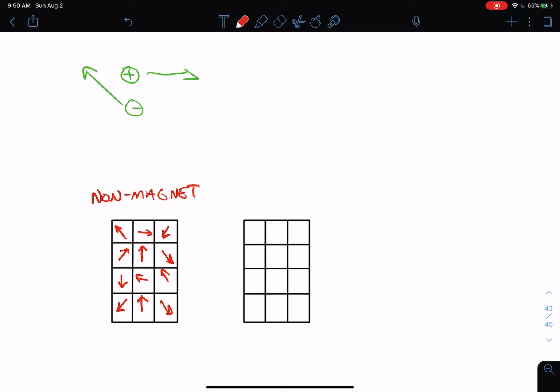Now contrast that with a magnet. In a magnet, the magnetic fields are roughly pointing in the same direction. They don't have to perfectly be pointing in the same direction, just mostly. And so they're not canceling each other out, they're building each other up, and overall we see a magnetic field.